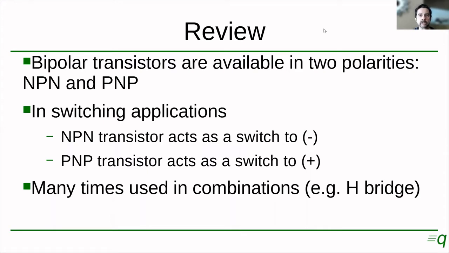Sometimes called sinking output and sourcing output, respectively. And many times PNPs are used in combination with NPNs, for instance, in an H bridge to control the direction of a motor.